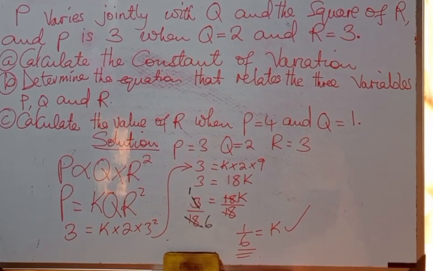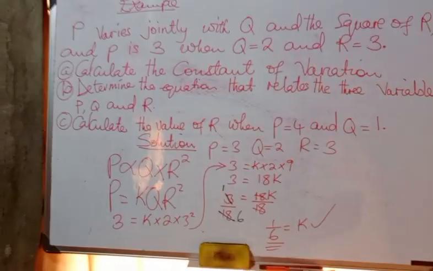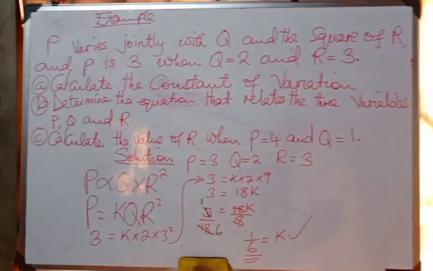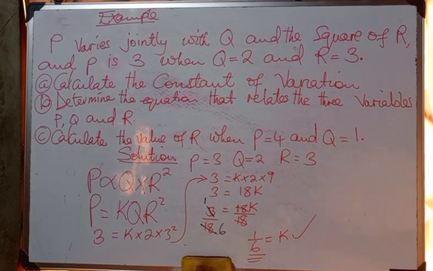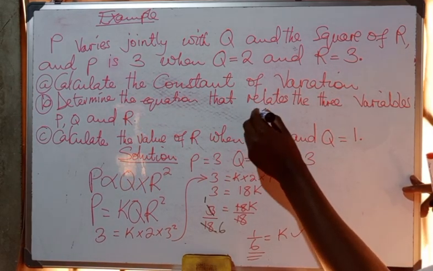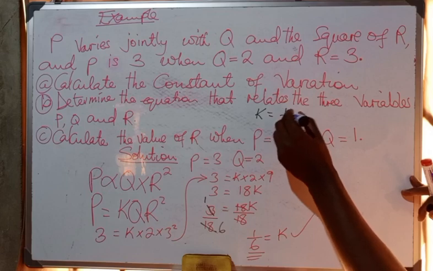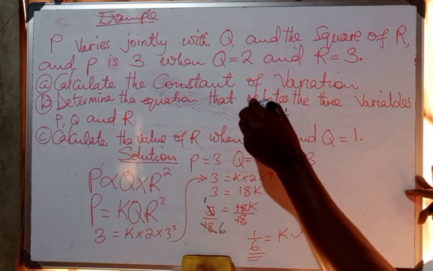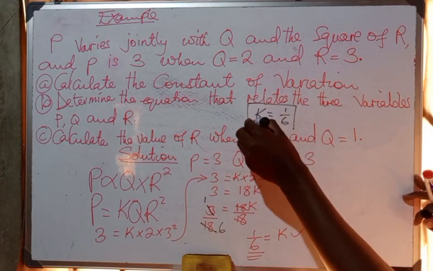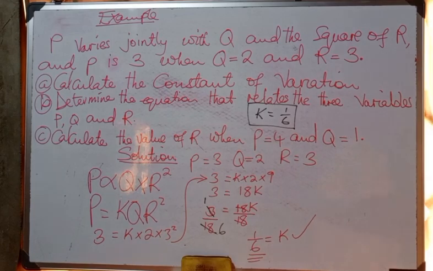We go to the next question, where we are now looking at finding the equation. We must bear in mind the value of K, which is 1 over 6. We are going to use it as our answer to the other questions.